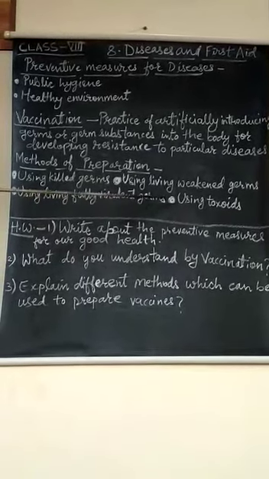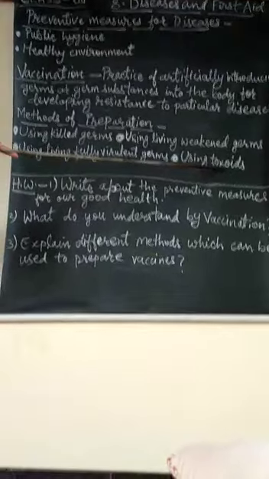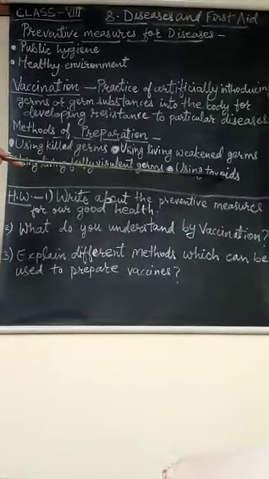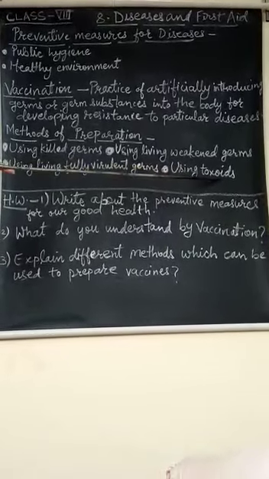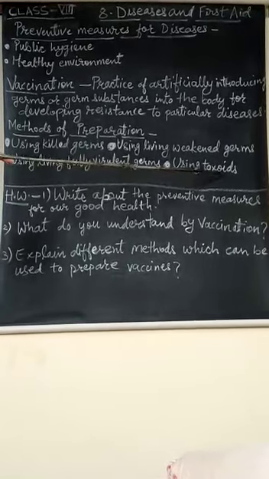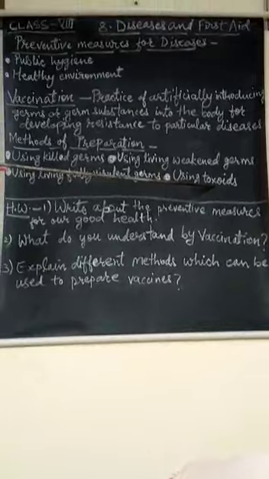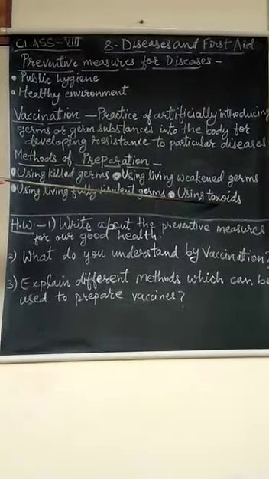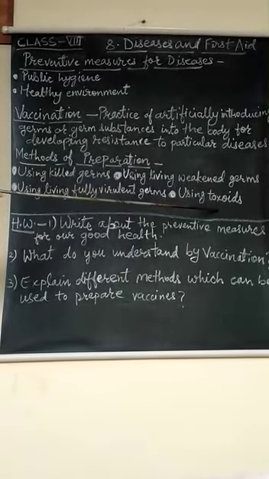Now the last method is using toxoids. Toxoids are actually toxins. Toxins means the chemicals which are produced by the germs when they enter a person's body. The toxins secreted by any kind of germs, for an example bacteria, and those poisons are made harmless.